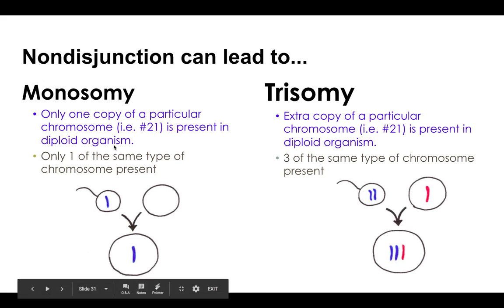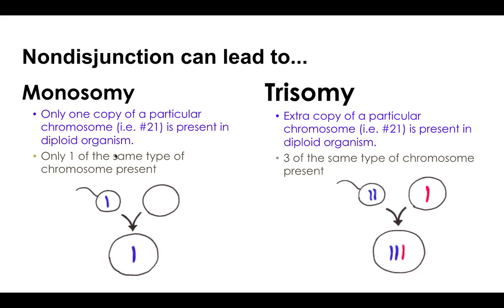So let's look at the monosomy first. So monosomy is when only one copy of a particular chromosome, so for instance maybe chromosome 21, is present in a diploid organism. So let's look at an example of how that would happen. Let's say I have a sperm cell and it's carrying, this could be, let's say, chromosome 21, it could be chromosome 22, right? This is normal. We want just one set of that chromosome.